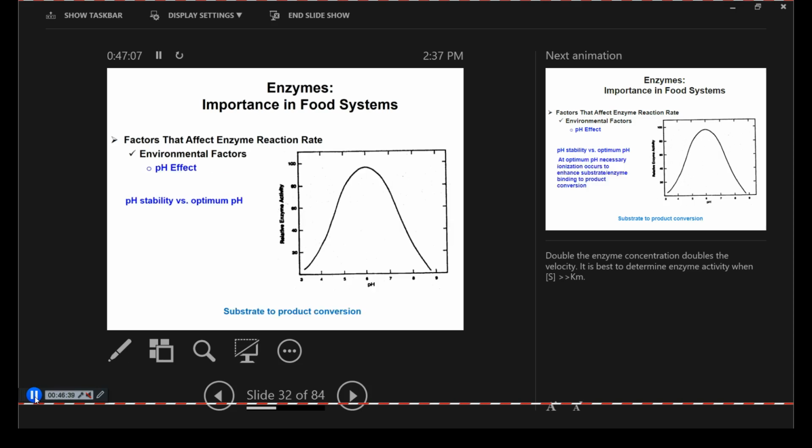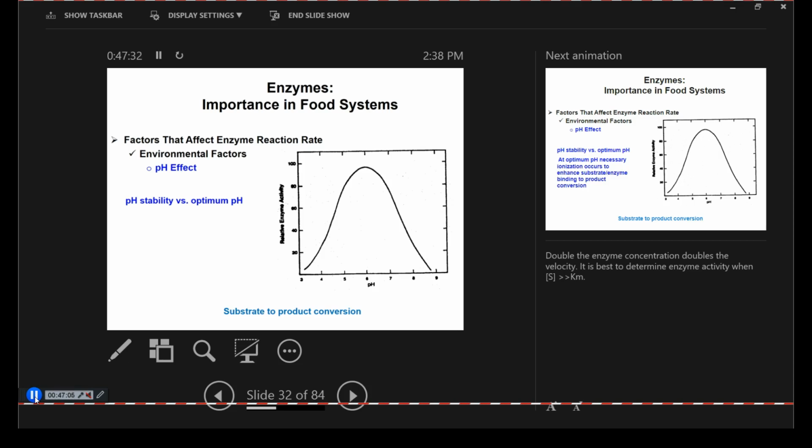So the pH, and this is just an example. Please do not think that all enzymes are most active at pH 6. Okay? This is not true. Pepsin, for example, is active between 1.5 to 2 pH. So that's really not the point. The point is it's a bell shape.